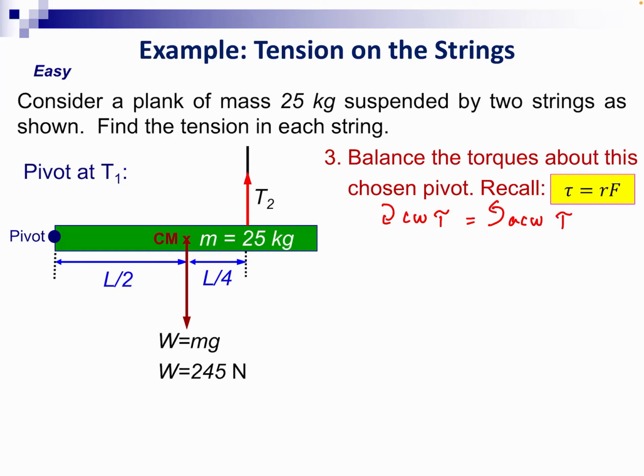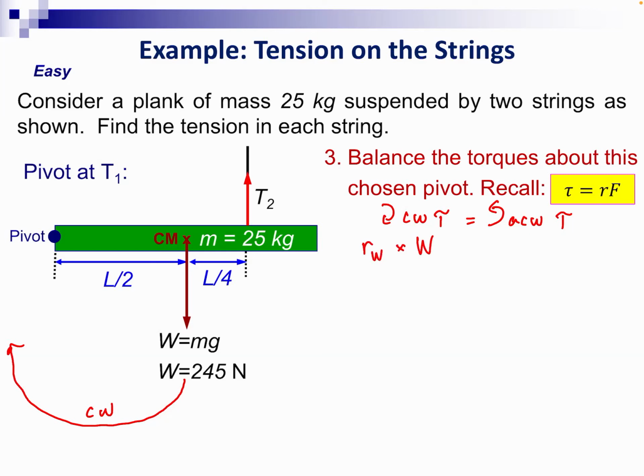So if the plank were to swing downwards, it will rotate about the pivot point in the clockwise direction. And so the clockwise torque will be equal to torque is equal to moment arm times F. So that will be equal to the moment arm of the weight times the weight force.